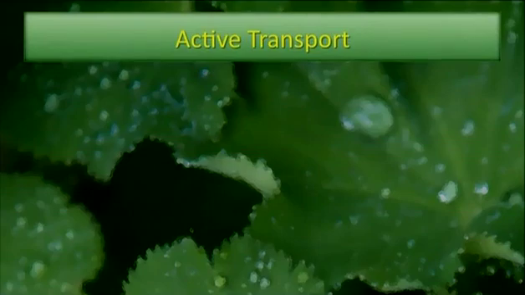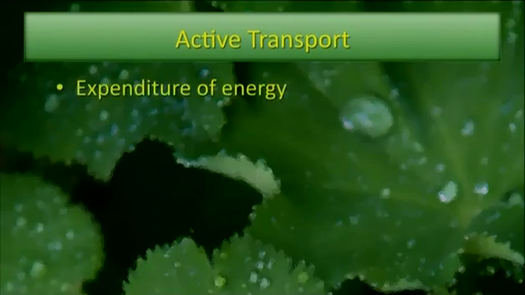Now active transport happens through a semi-permeable membrane. Remember that the cell membrane is a semi-permeable membrane, that it allows some things through and doesn't allow other things through. Active transport is the expenditure of energy.